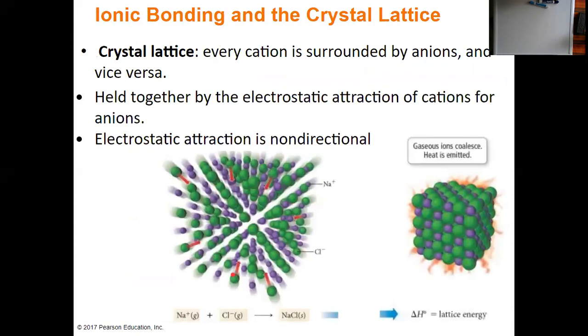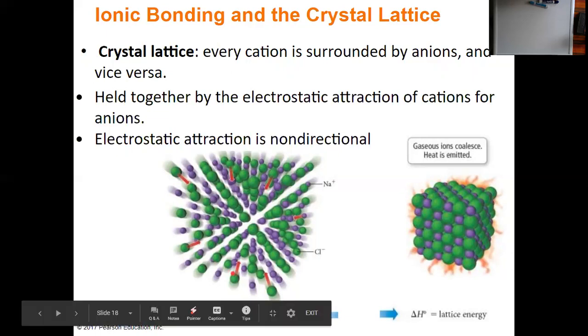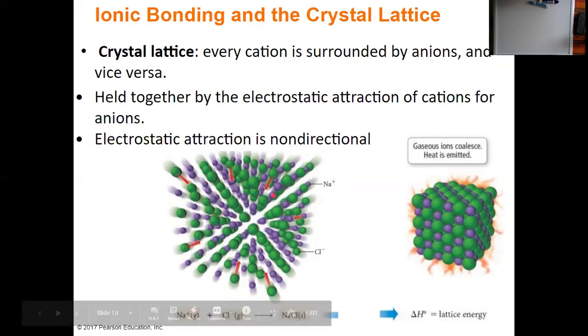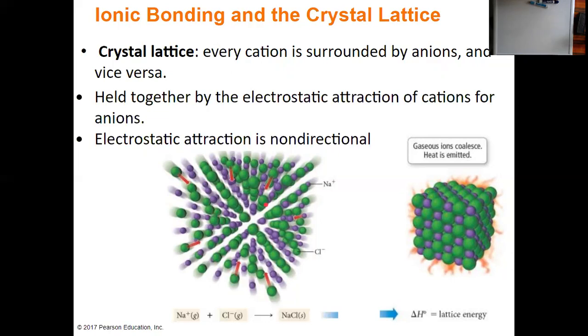When ionic compounds are formed, they form a crystal lattice. Remember, they don't form separate molecules. They form a crystal lattice where you have cations and anions surrounding each other, and they are held together by electrostatic forces.